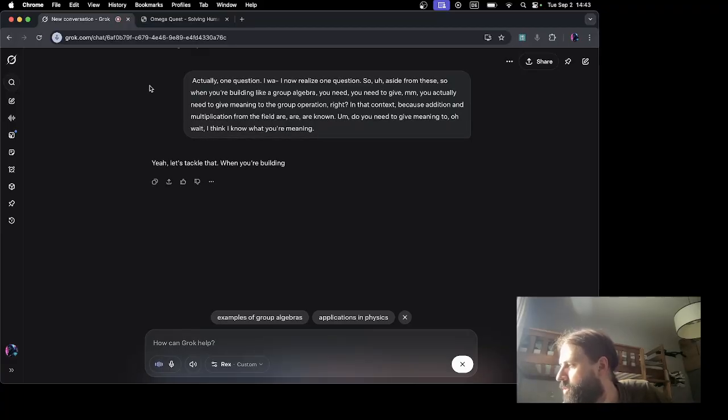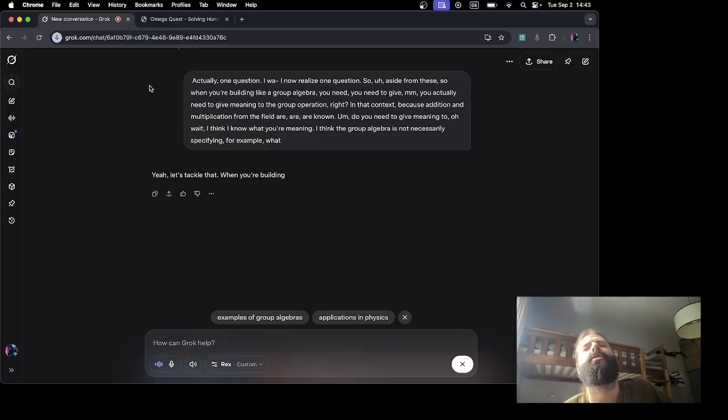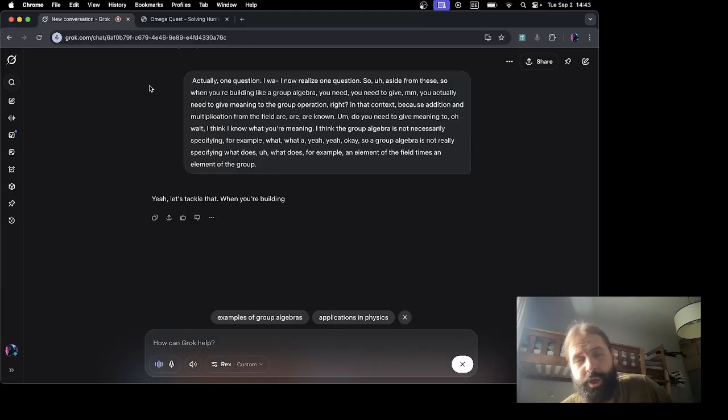I think the group algebra is not really specifying what, for example, an element of the field times an element of the group means, right? And so a representation is a specific interpretation of these. Is that correct?